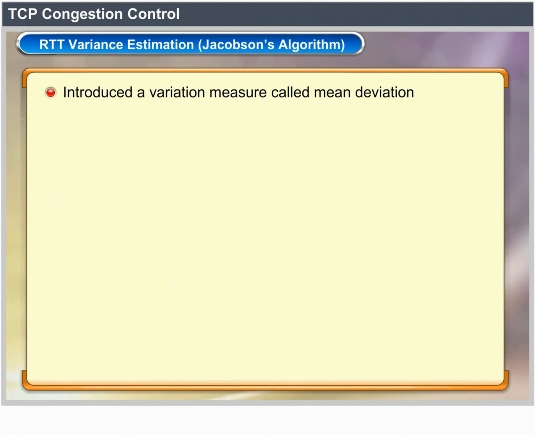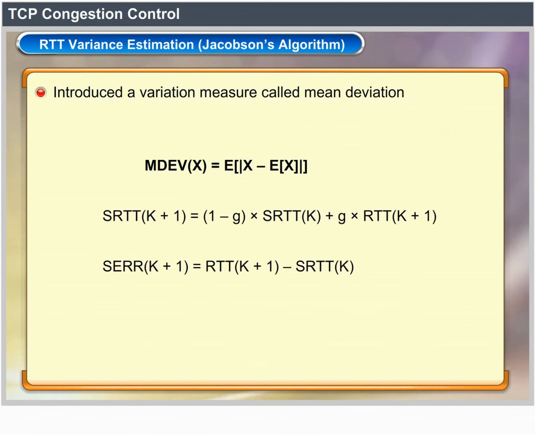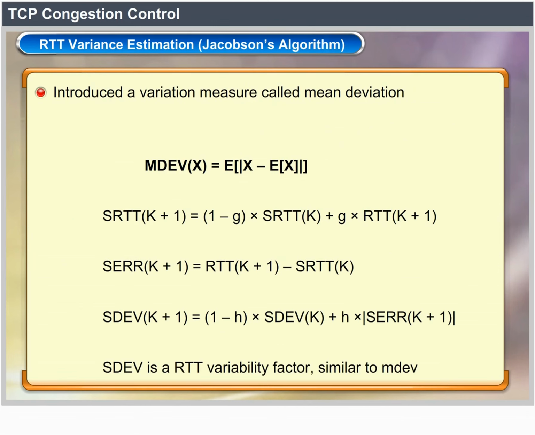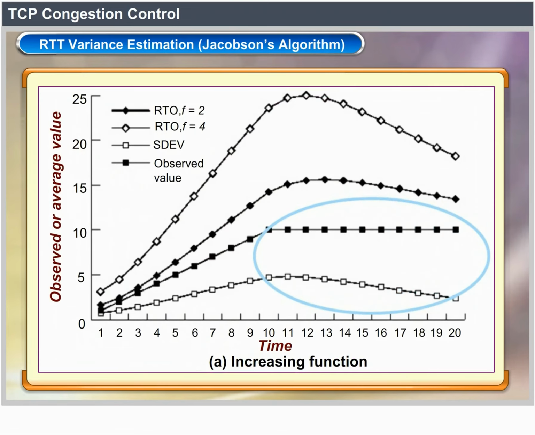Jacobson introduced a variation measure called mean deviation, as shown. SDEV is an RTT variability factor similar to MDEV, as shown. SRTT is the smoothed round-trip time. Figure: Jacobson's RTO calculation.